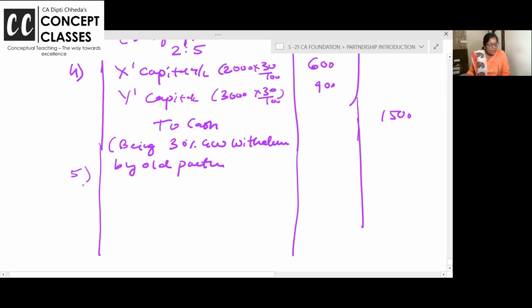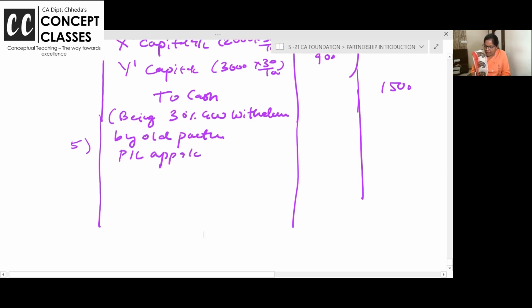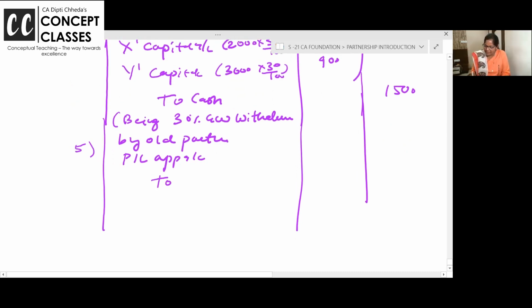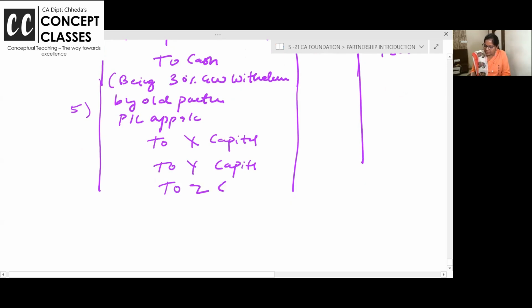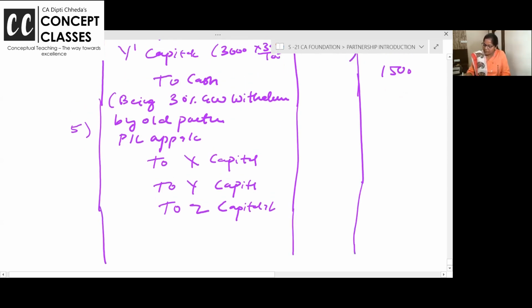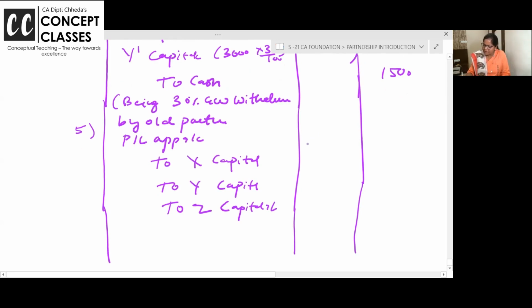Now they said profit for the year is 1 lakh. Okay, so P&L appropriation account debit 1 lakh is the profit, and there is no interest, salary or drawing. So can we give the profit directly to X capital account, Y capital account, Z's capital account? 1 lakh rupees profit is coming.